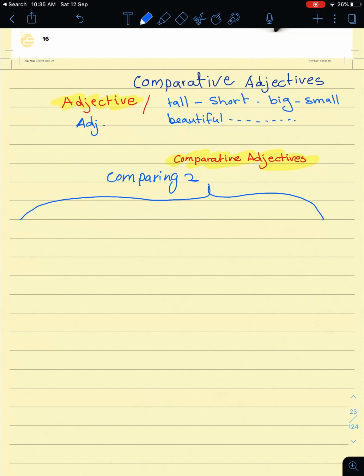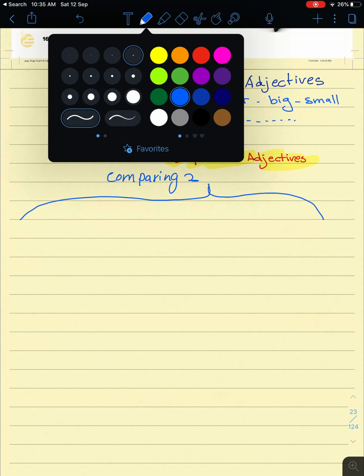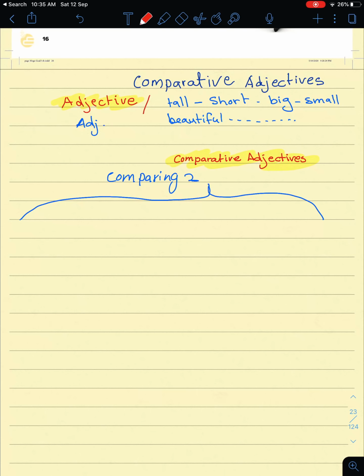When we compare, first we have to know if the adjective is either long or short. So adjectives can be divided into 2 parts. Short adjectives, صفات قصيرة, or long adjectives, صفات طويلة.